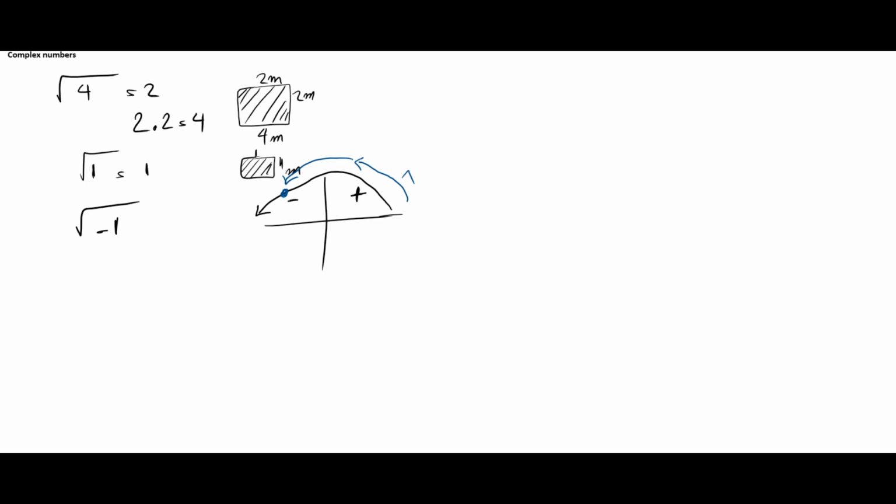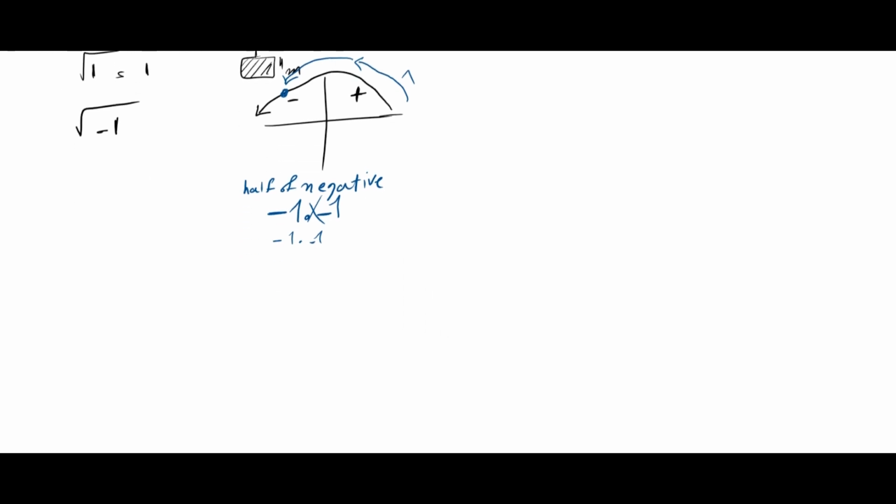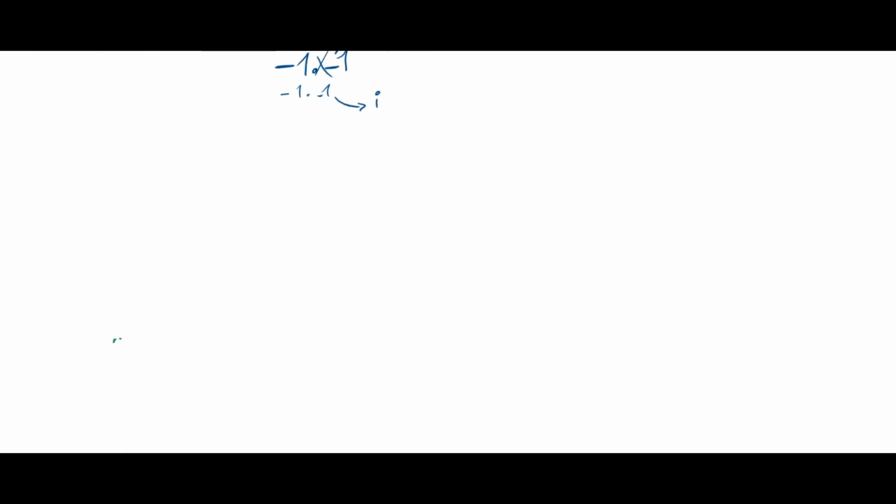So maybe it is half of negative. So instead of two big halves of minus 1, I have two halves of minus 1. And since there is no half of minuses, we call them imaginary numbers.